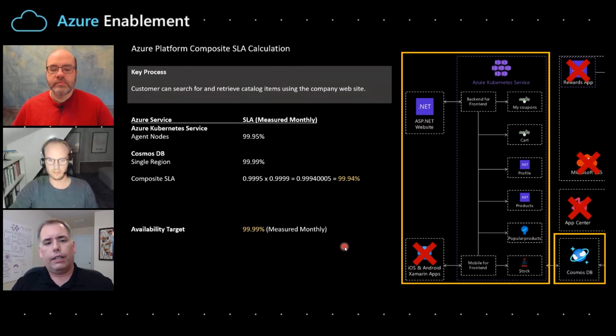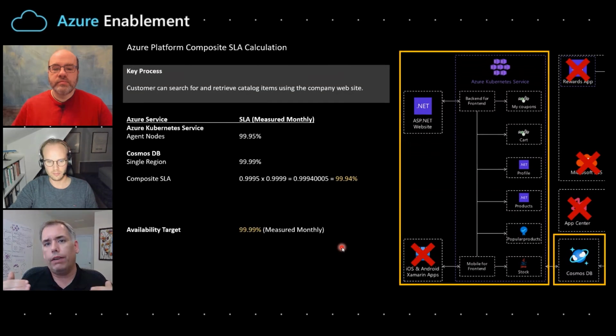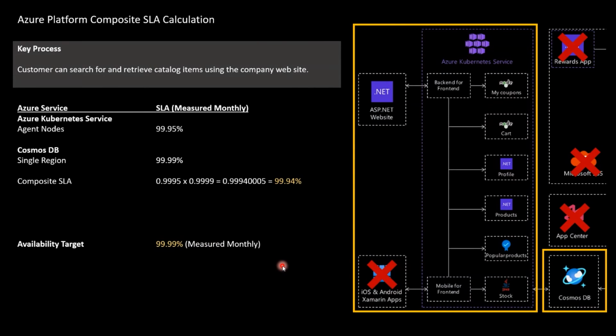So if we look at those same numbers that we talked about before, the agent nodes, that is the virtual machines in your Azure Kubernetes service, carry with them a 99.95% SLA. Now, the reason it's 99.95% is that today your virtual machines are not leveraging availability zones. They are, however, leveraging availability sets, and so you are benefiting from a 99.95% SLA.